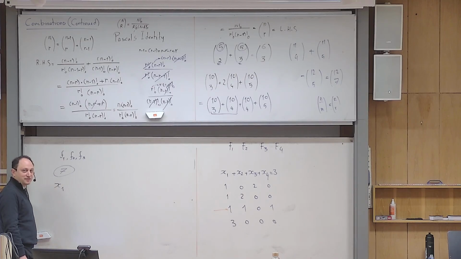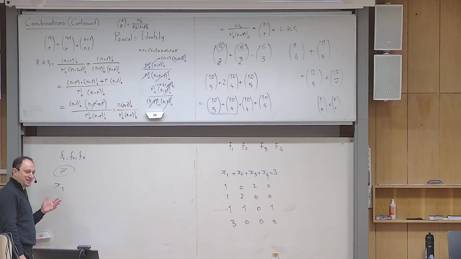Be precise. X1 is equal to F1? No. The number of F. Yes, you are right, but even better. Don't hesitate to use words. You don't need to pay taxes for the words you're using. Food type number 1. X1 is not food type number 1.